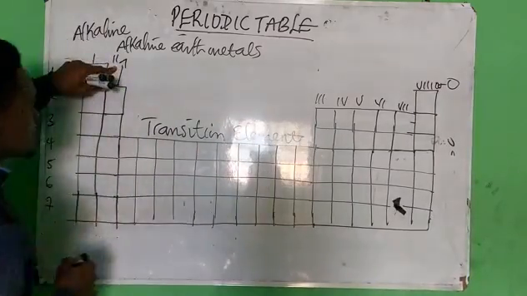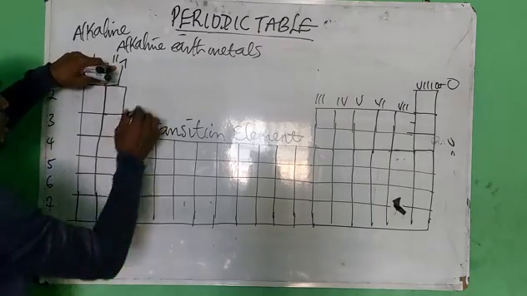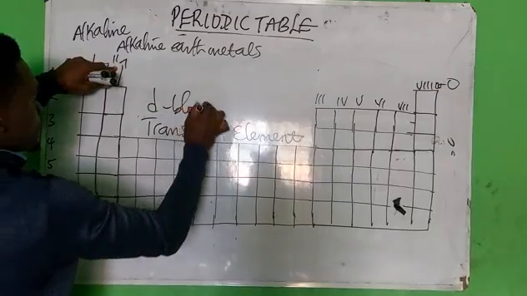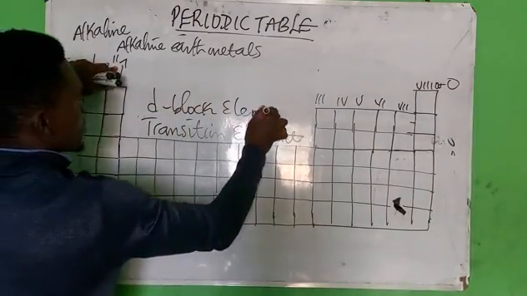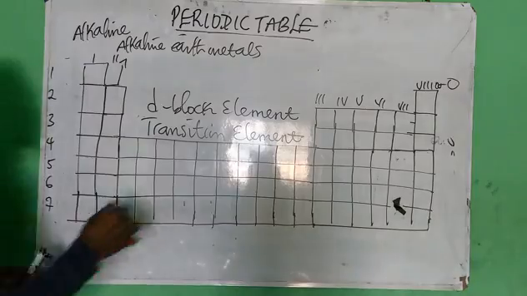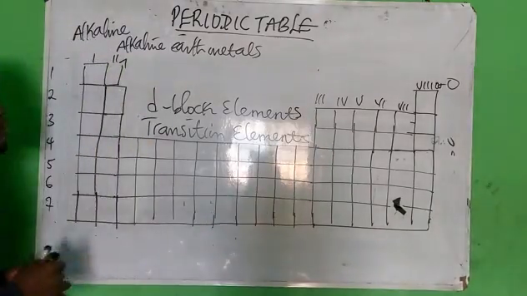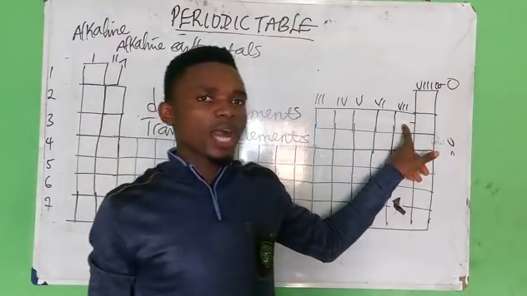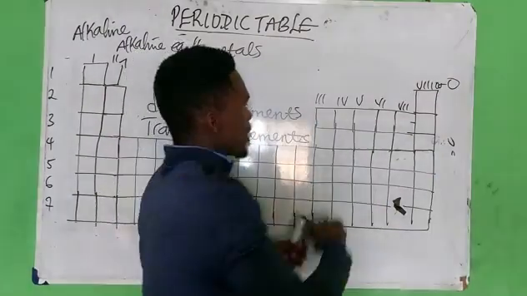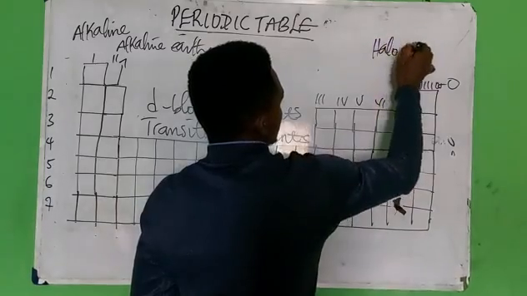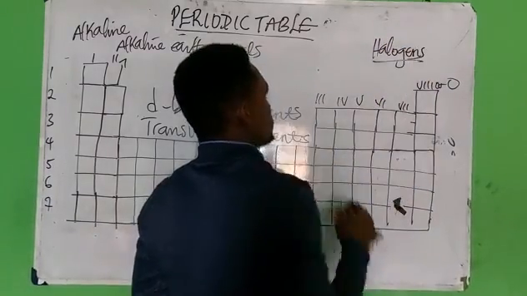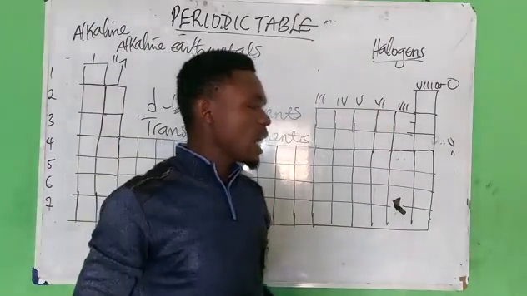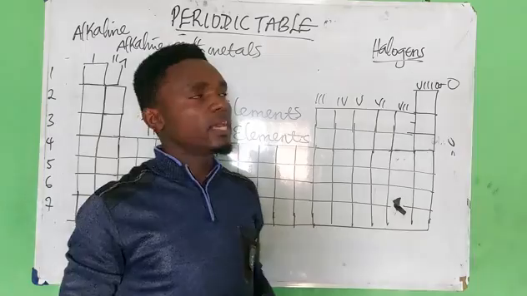I can also call the transition elements D-block elements. So, the elements found in group 7 are called halogens, because they have the ability to form salts, and they are good oxidizing agents.